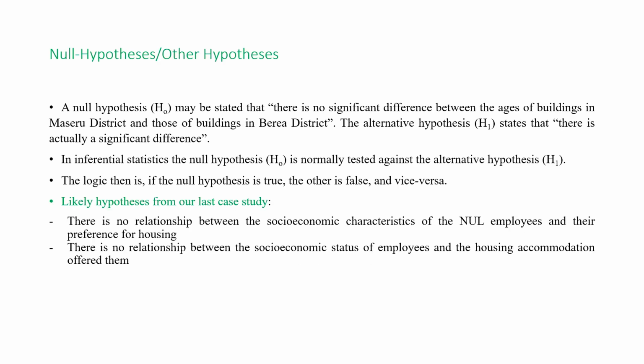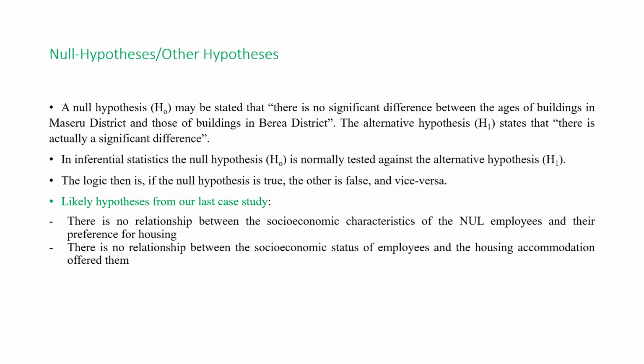Of course, the assumption there is that a member of staff with a high socioeconomic status tends to have a preference for a standard housing accommodation that can accommodate his family members, that will provide a very serene environment, that has all the facilities.